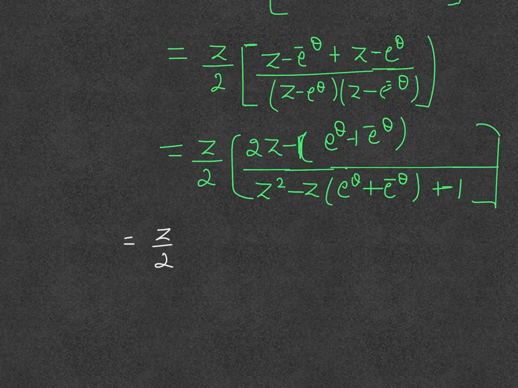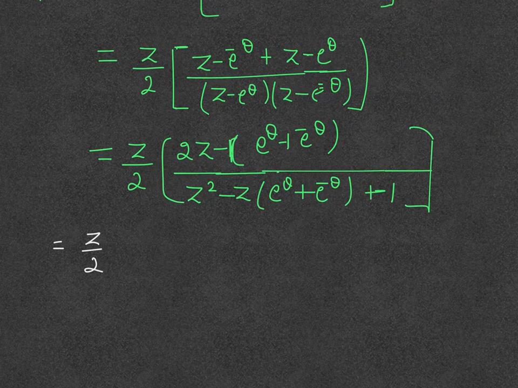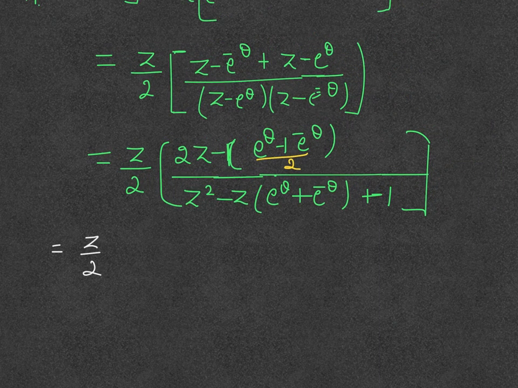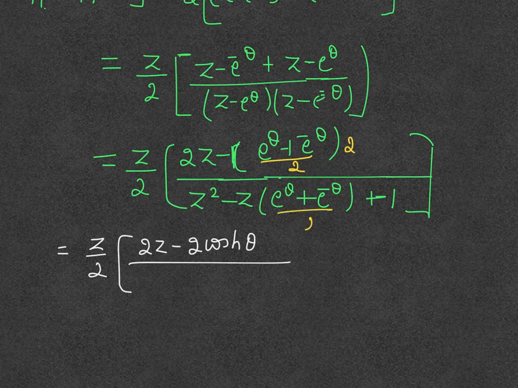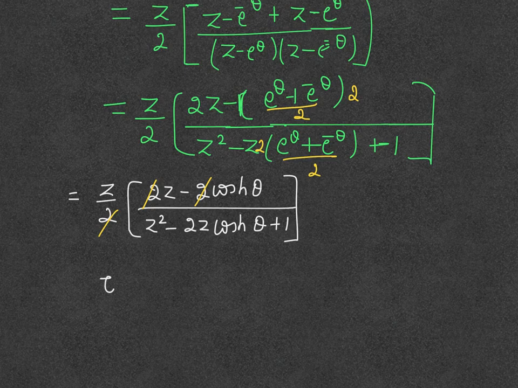Since e power theta plus e power minus theta can be written as 2 cosh theta by multiplying and dividing by 2, we get 2z minus 2 cosh theta divided by, in the same way in the denominator, multiplying and dividing by 2, z square minus 2z cosh theta plus 1, and 2 is taken common and gets cancelled.